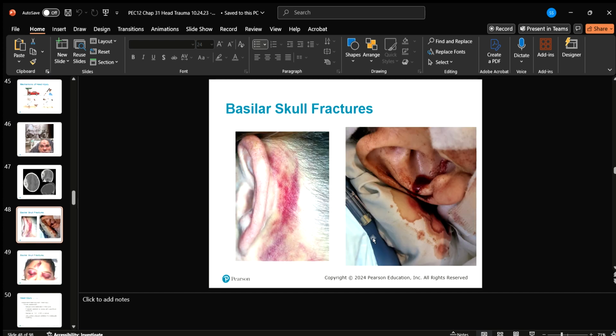Just a bunch of photos. What did we call this before? Battle signs. If we see bleeding from the ear, what are we going to check for? What's that test? Halo, which is indicating what? Cerebral spinal fluid. Why is that so important?